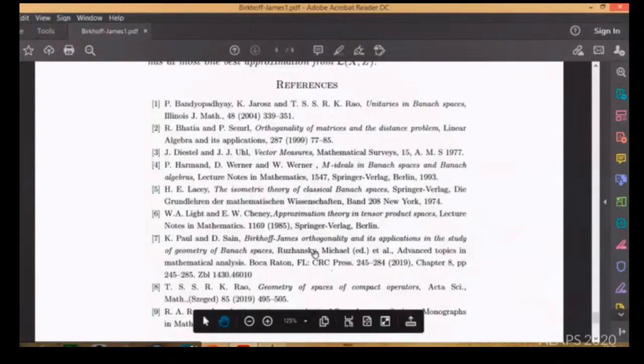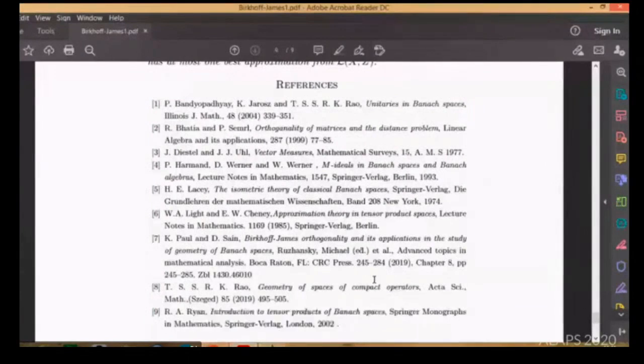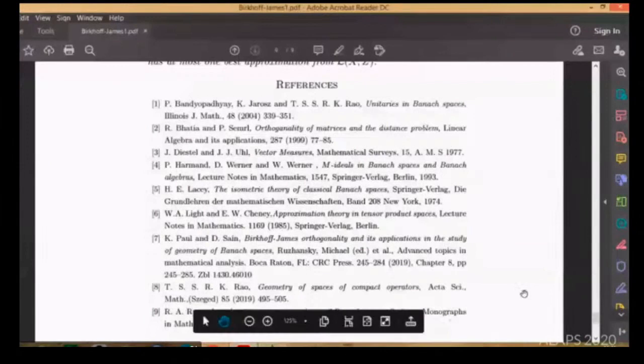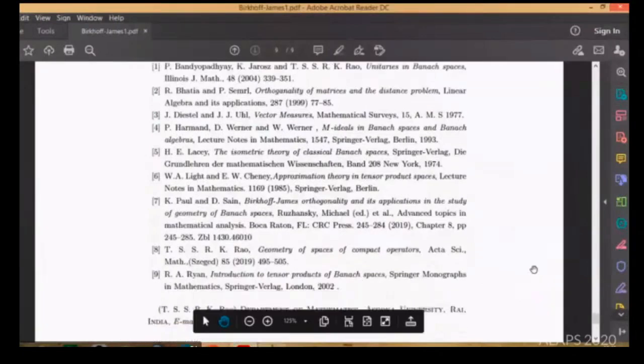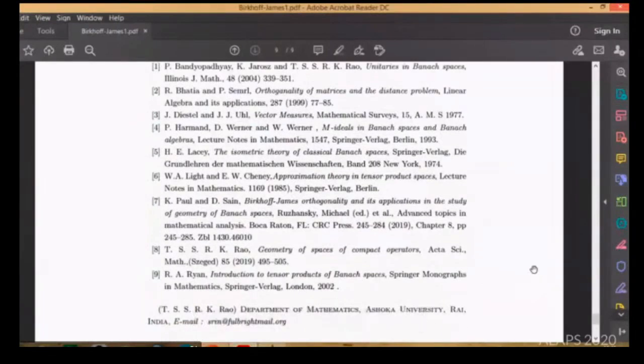But then since these things involve selection theorems, I had to apply tricks from the geometry of Banach spaces to overcome the difficulty of choosing a linear selection. And there has been a lot of interest among Indian colleagues and others in this area of Birkhoff-James orthogonality. There is a nice survey article written by two colleagues from Jadavpur University, Kallol Paul and Debmalya Sain, Birkhoff-James orthogonality and its applications in the study of geometry of Banach spaces.